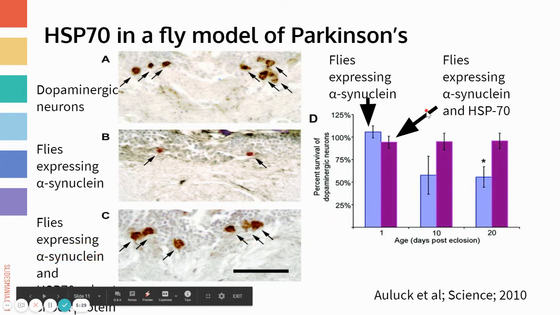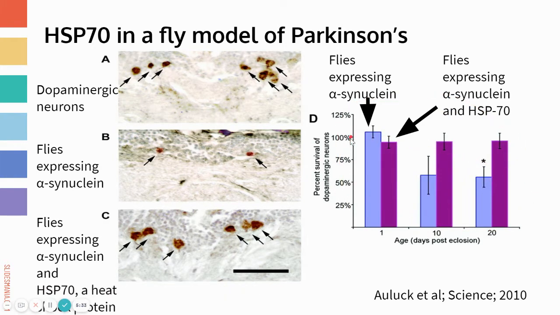And this is quantified over here in this graph. On the y-axis, we're looking at the percentage of dopaminergic neurons that survive. Right at the beginning, it doesn't really matter if they're just expressing alpha-synuclein or if they're expressing alpha-synuclein and the chaperonin HSP70.